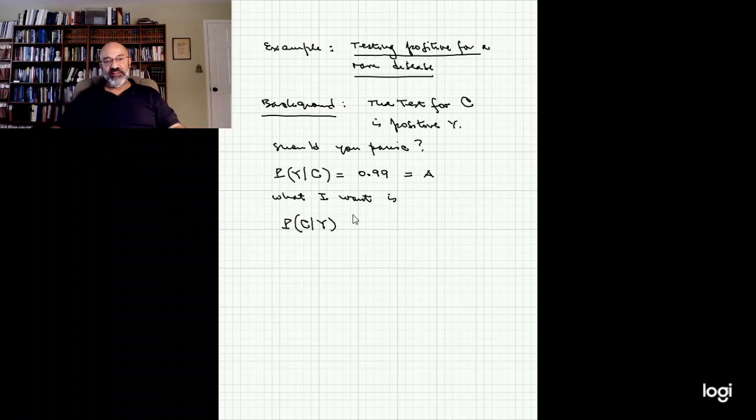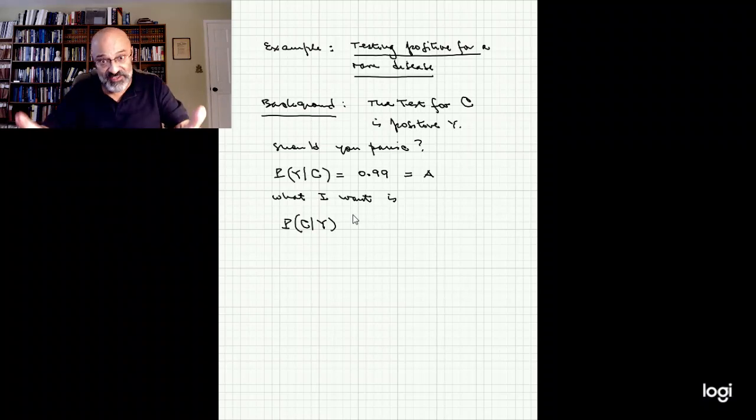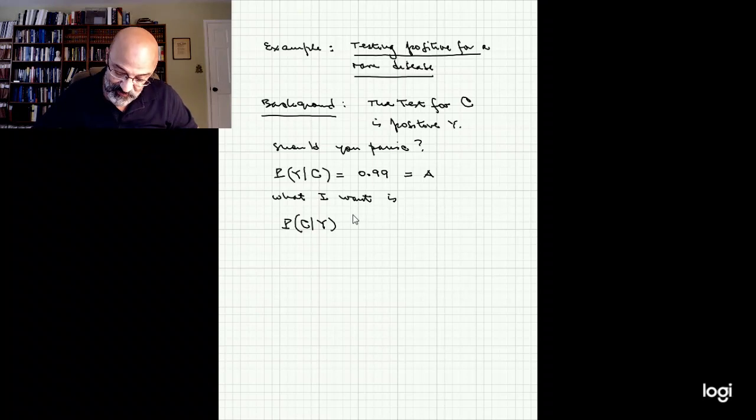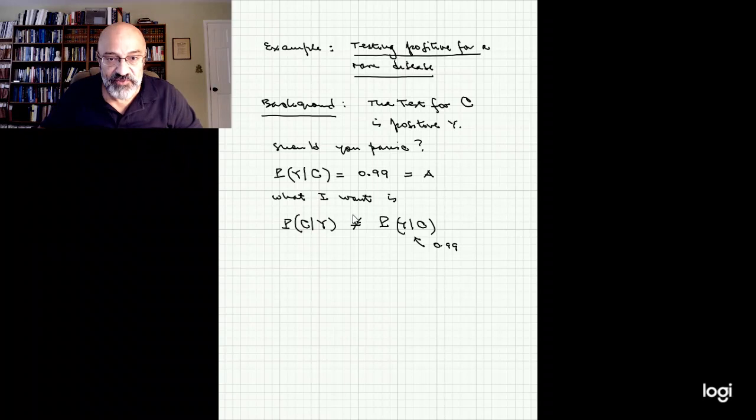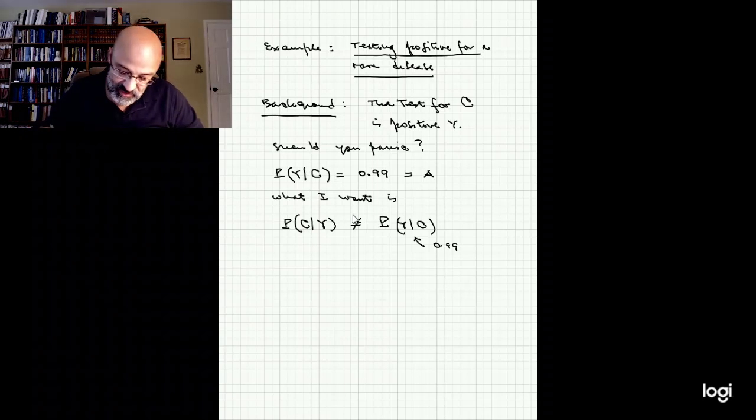And now if you studied a little bit of Bayesian inference, that's what we are doing, you know for a fact that this is not the same as P(Y|C), which would be pretty bad because after all, this is 0.99. So let us then try to compute P(C|Y).